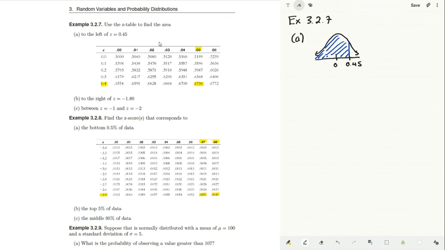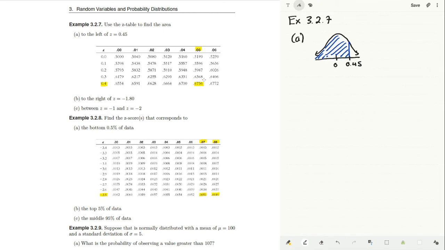To find the area to the left of a z-score of 0.45, we first locate the ones digit and the first decimal place in the left column. So we want to find 0.4 in the first column, and then along the first row, we locate the second decimal place, which is 0.05.